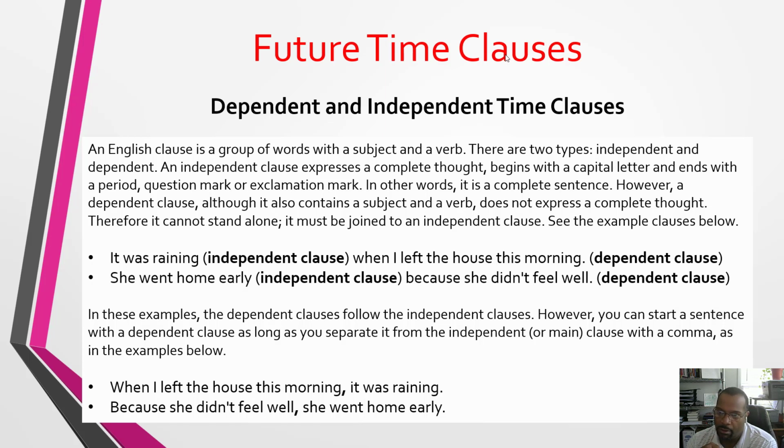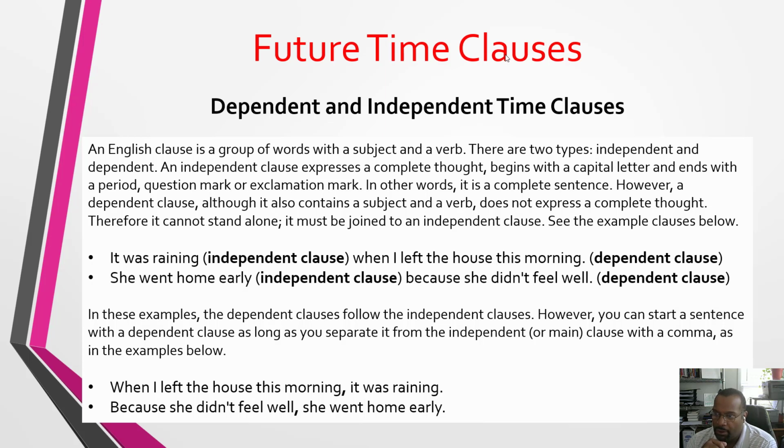All right. So let's read the definition. An English clause is a group of words with a subject and a verb. There are two types: independent and dependent. An independent clause expresses a complete thought, begins with a capital letter, and ends with a period, question mark, or an exclamation mark.